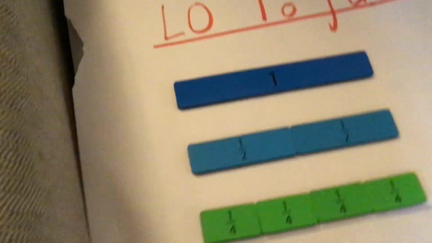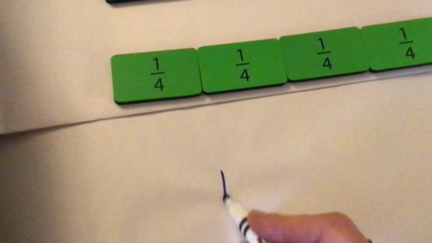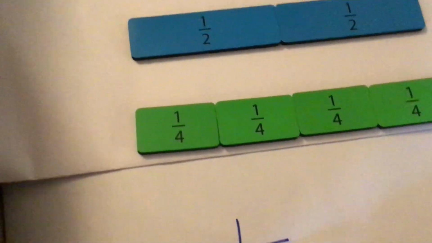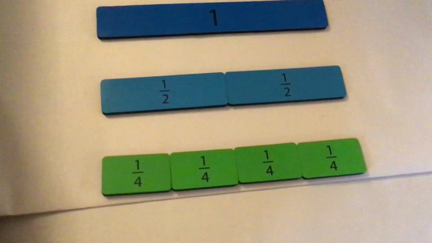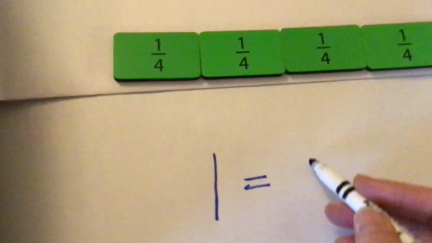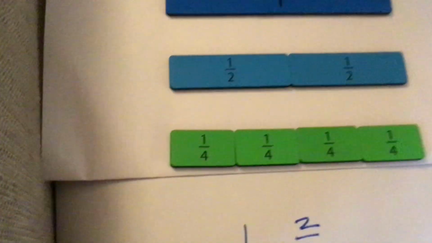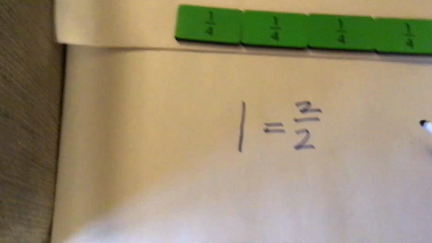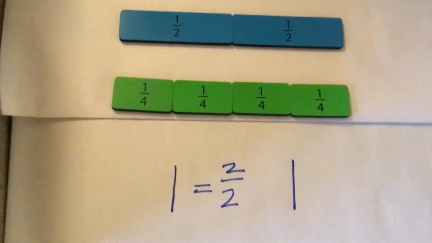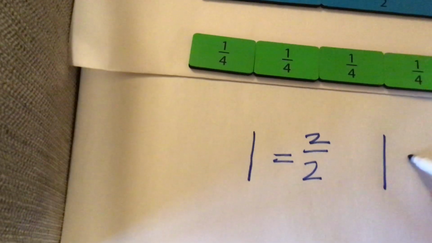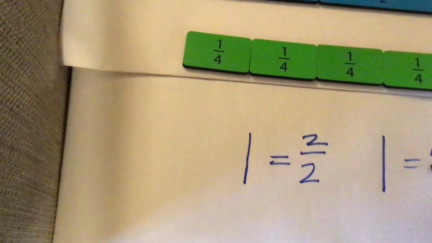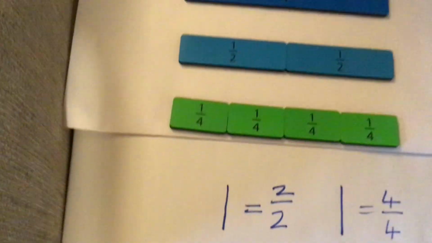Just to start with, we could make sure we understand that our 1 whole is the same as how many halves? 2 halves. Our 1 whole is the same as 4 quarters, equivalent to 4 quarters.